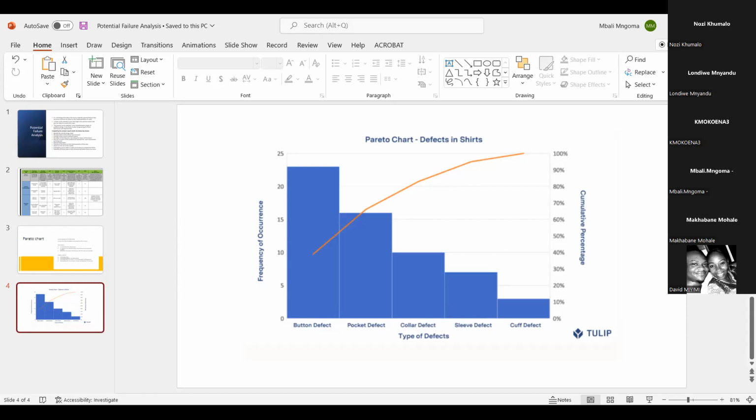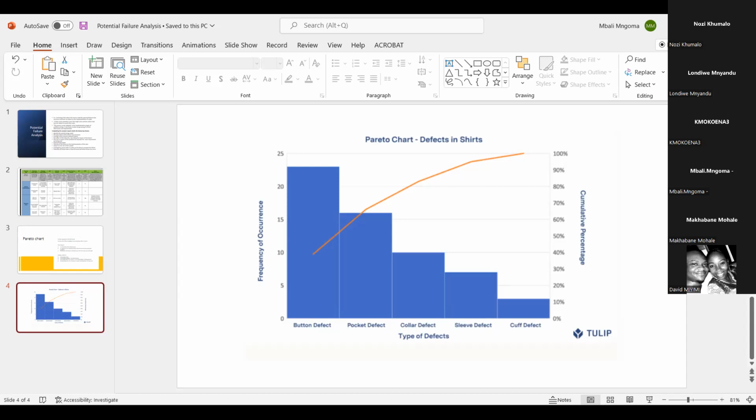Okay. So can you see my screen, guys? Yes, sir, please go ahead. Oh, you can see it. Okay. Mine was the decision tree.